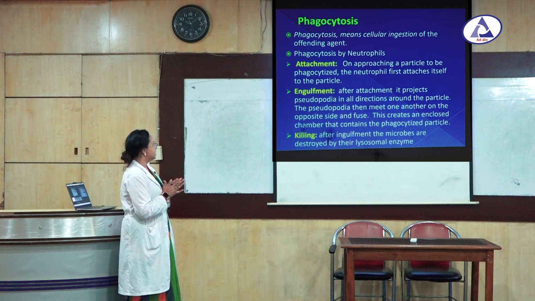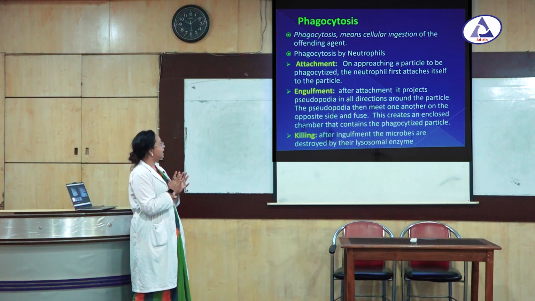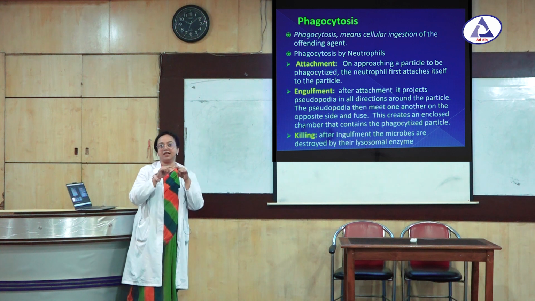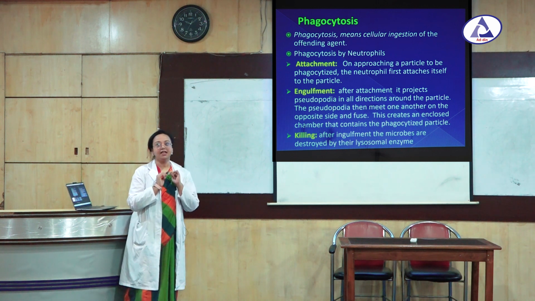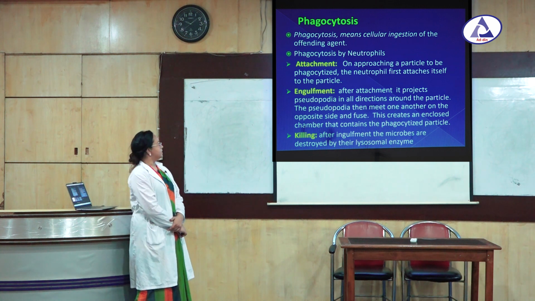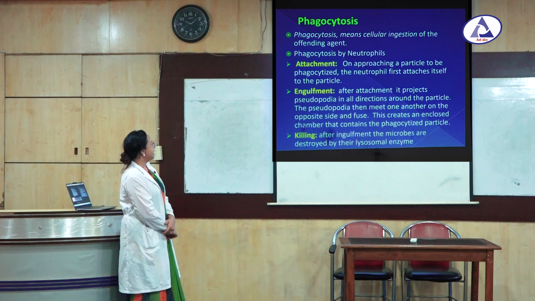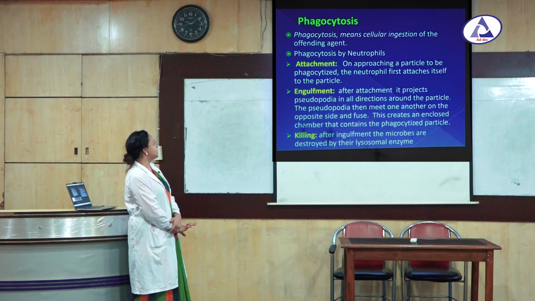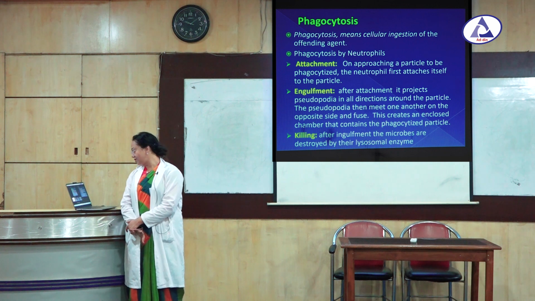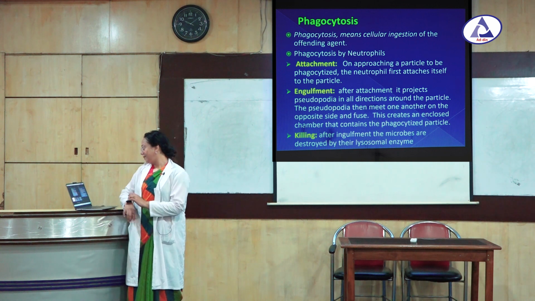Then engulfment: it projects pseudopodia in all directions around the ingested substance. Then the whole particle is ingested into the WBC. Killing: after engulfment, the microbes are destroyed by lysosomal enzymes. The cell contains lysosomal enzymes, and they kill the bacteria and viruses.